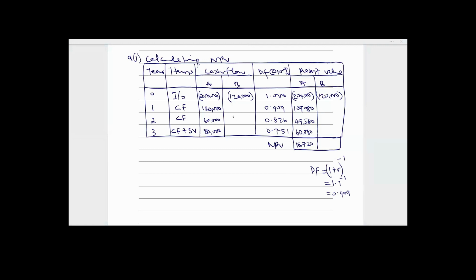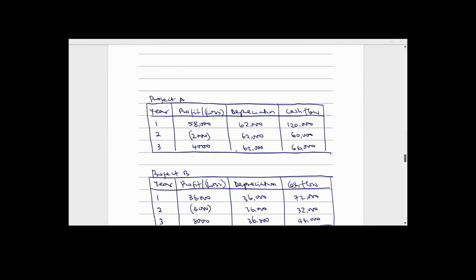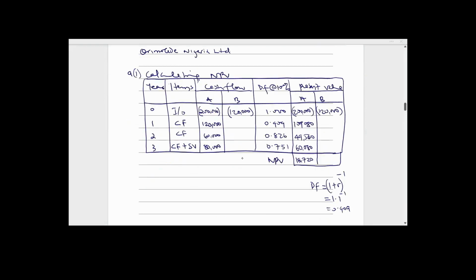So let's go for project B, cash flow of project B: 72, 32, 44. 72,000. 32,000.